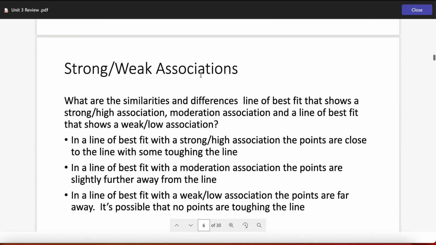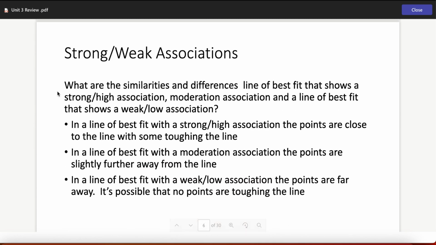Strong and weak associations. What are the similarities and differences between a line of best fit that shows a strong, high association, a moderate association, and a line of best fit that shows a weak, low association? Basically, this is a strong and weak association. In a line of best fit with a strong, high association, the points are close to the line, with some touching the line.